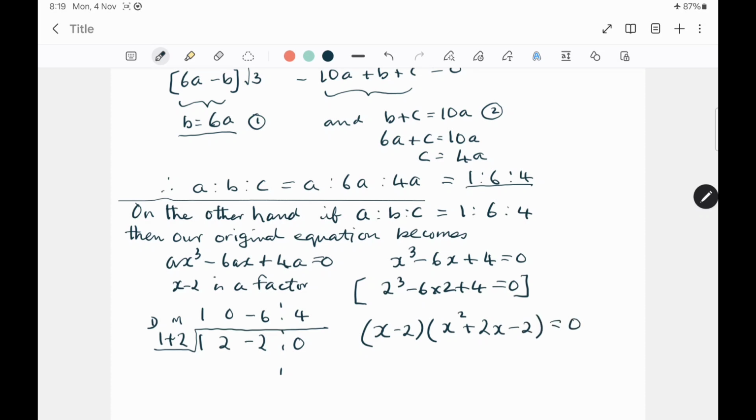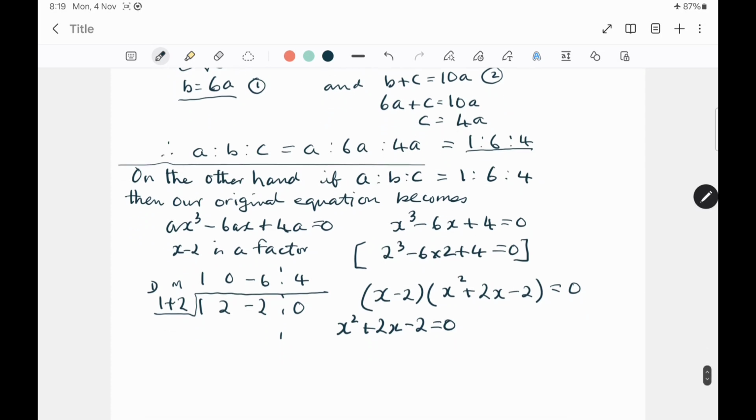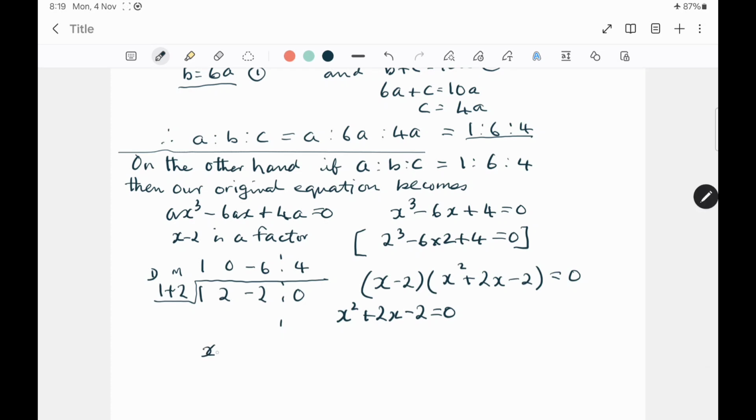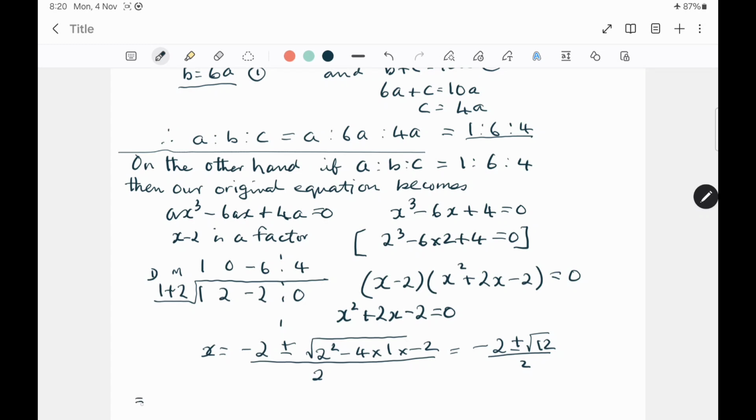And it's now simply a matter of solving x squared plus 2x minus 2 equals 0, for which we can use the quadratic formula, which means that x equals minus 2 plus or minus square root of 2 squared minus 4 times 1 times minus 2, all divided by twice the coefficient of x squared, which is 2, and that comes down to minus 2 plus or minus square root of 12 divided by 2, which equals minus 2 plus or minus 2 root 3 over 2, which equals minus 1 plus or minus square root of 3.